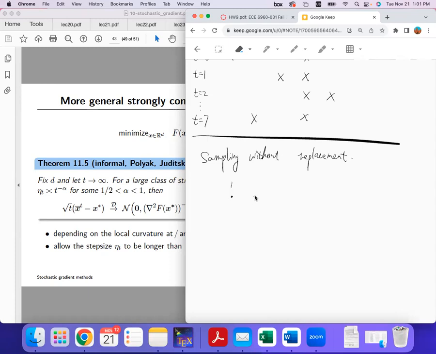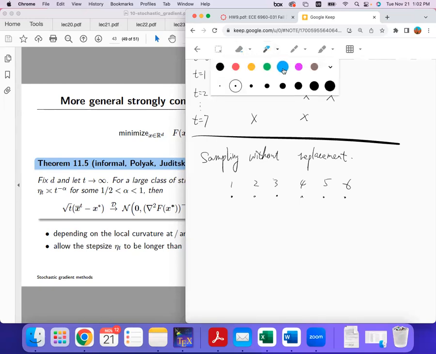We need an even number here. So what you do is that you first shuffle.